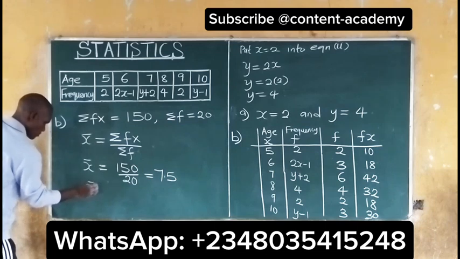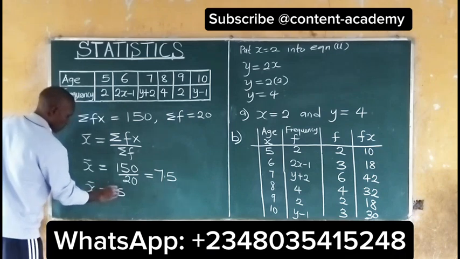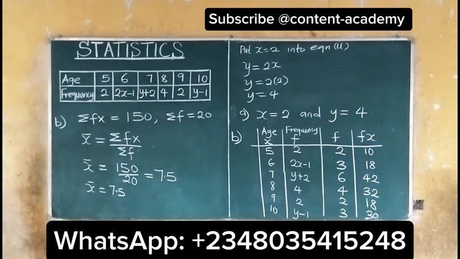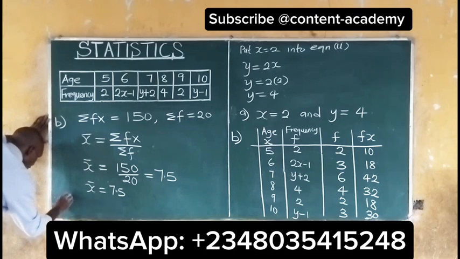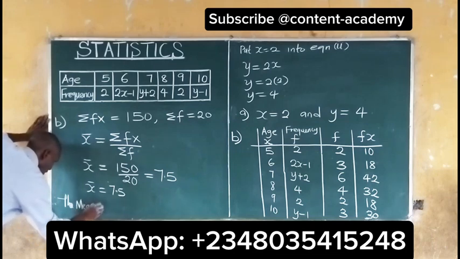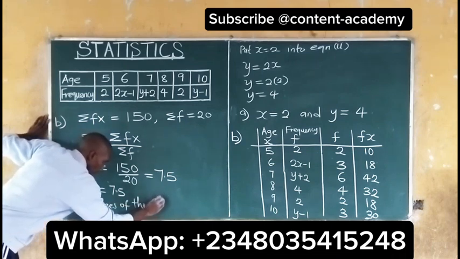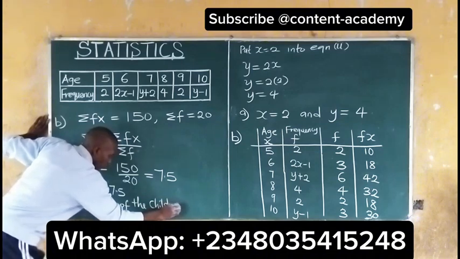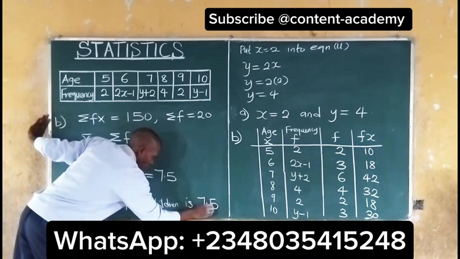So the mean of their ages is 7.5. Therefore, the mean ages of the children is 7.5.